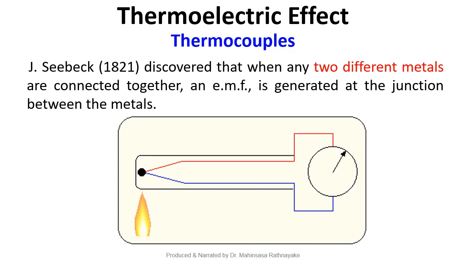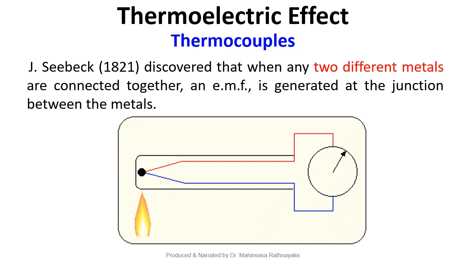The discovery was made by J. Seebeck in somewhere around 1821. He discovered that when any two different metals are connected together, an electromotive force is generated at the junction between the metals. So this is the principle behind a thermocouple.